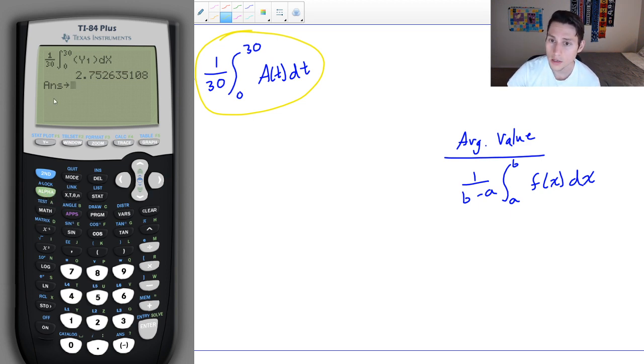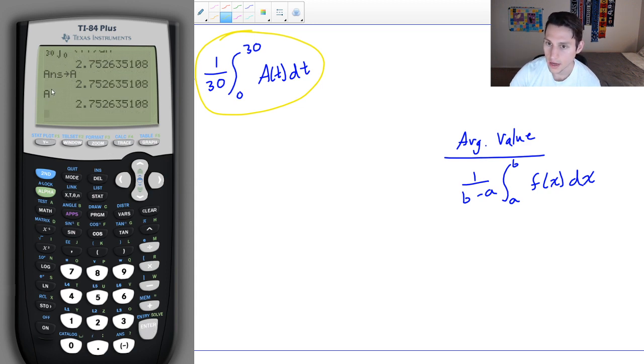So let's just store this 2.752635108 into A. So I'll click alpha and then math so that it gives me the A. So what I've told the calculator to do is, hey, take that number, just put the whole thing in A. That way I don't have to worry about rounding. Okay, so if I clicked A right now and hit enter, oh, yeah, okay. So A represents this whole decimal. Great.